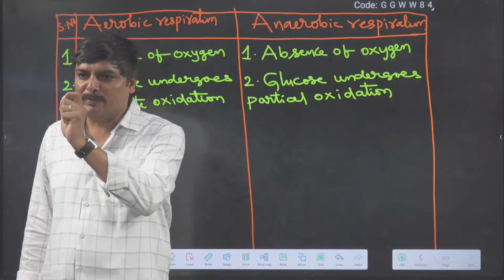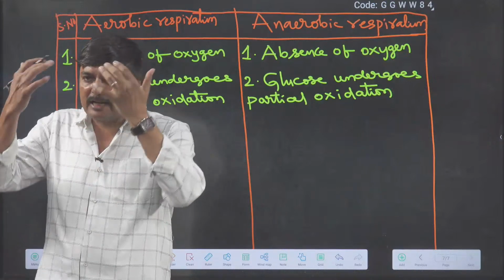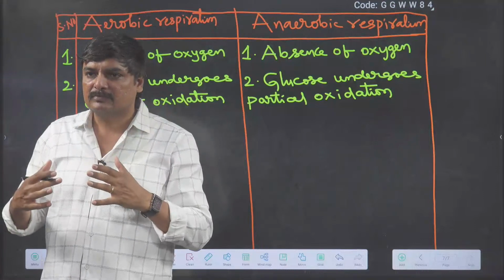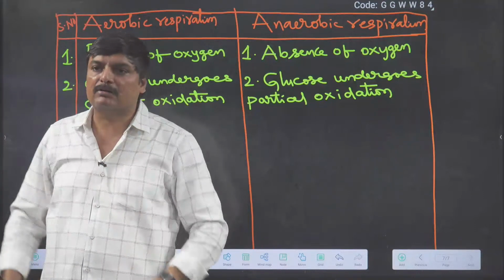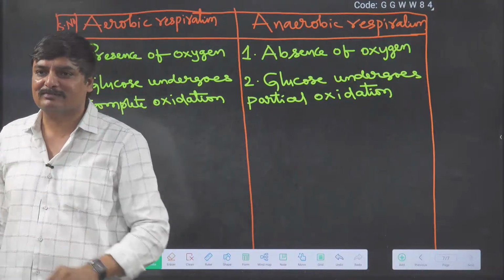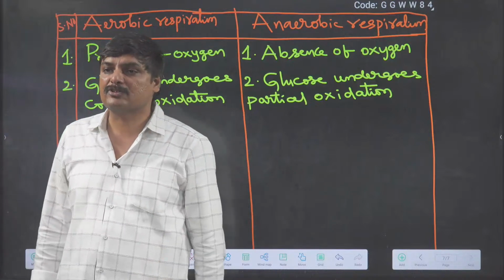Understand? So in aerobic respiration, the food is completely oxidized. The respiratory substrate is completely broken down with the liberation of carbon dioxide and water, but not in anaerobic respiration.